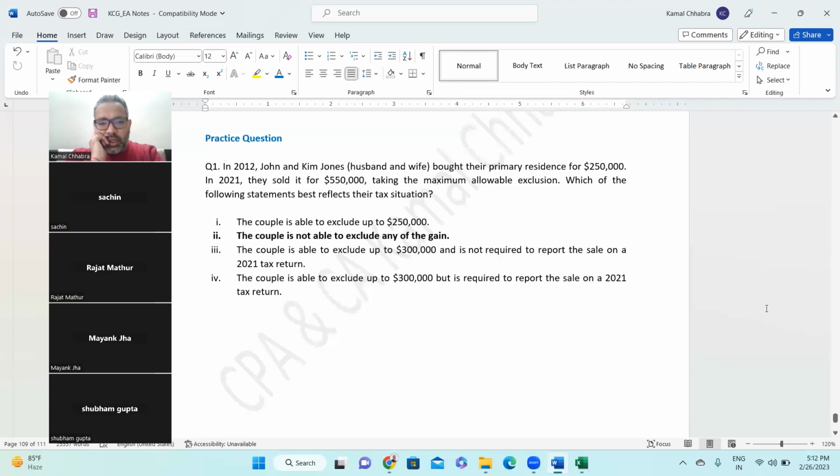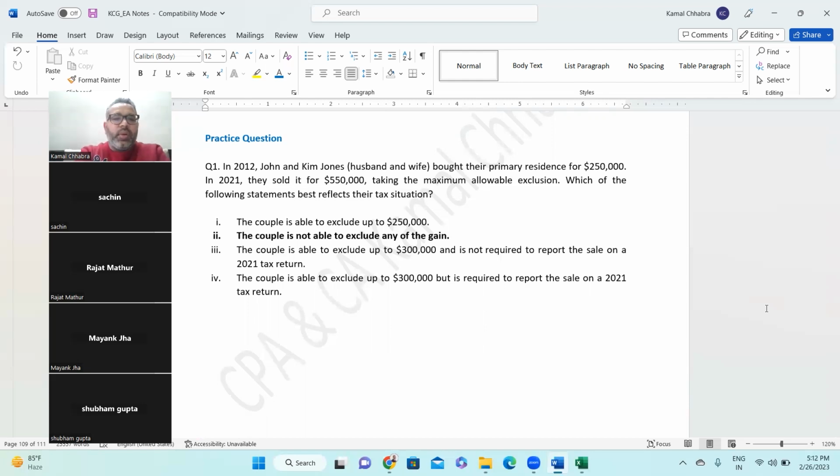In 2012, John and Kim, husband and wife, bought their primary residence for $250,000. In 2021, they sold it for $550,000, taking the maximum allowable exclusion. Which of the following statements best reflects their tax situation?